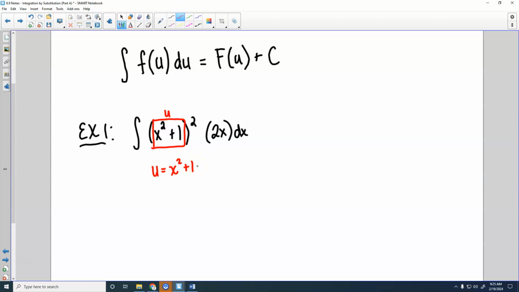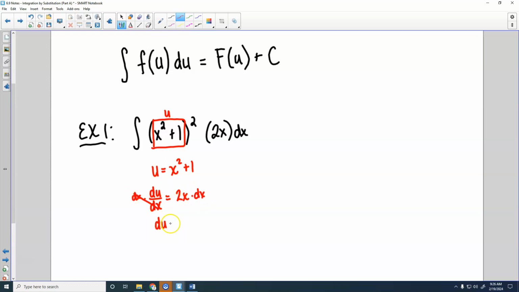If I take the derivative of x squared plus 1, I will get du over dx equals 2x. Now, I don't really want du over dx. I just want du for that. So I could multiply both sides by the dx.